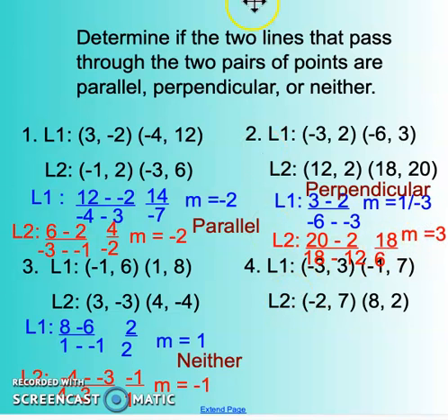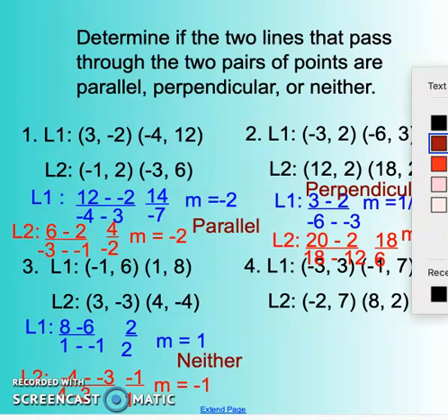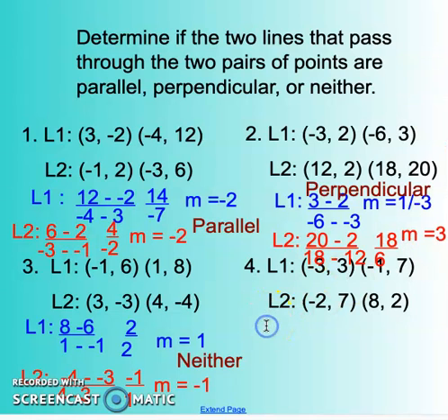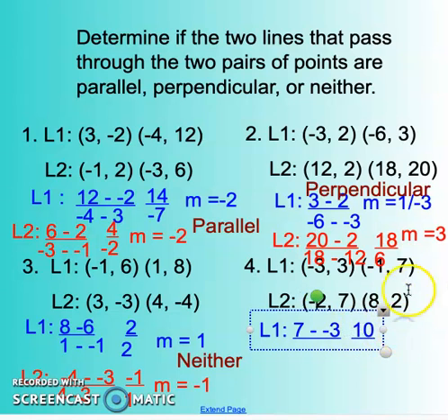Okay, let's look at our last one. Let's see what category this will fall into. Let's start with L1. If we take 7 minus a negative 3, what do we get? 7 minus negative 3 is positive 10. Awesome.